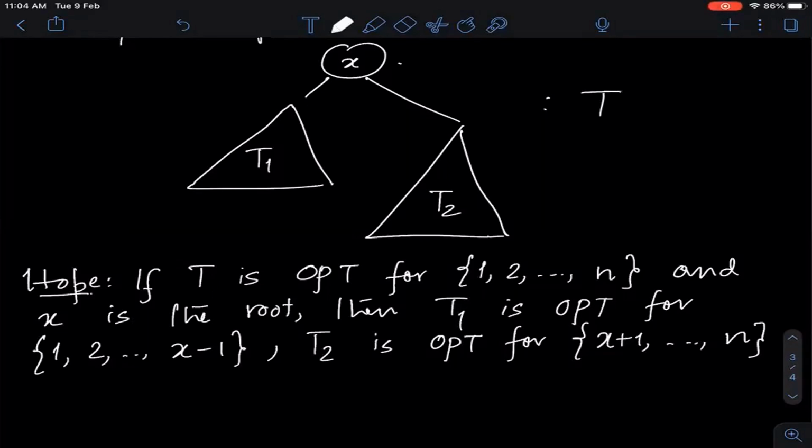This is what I hope for, because this will give me the optimal substructure property.